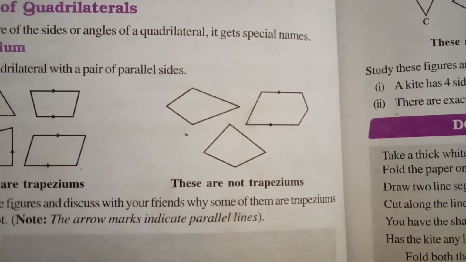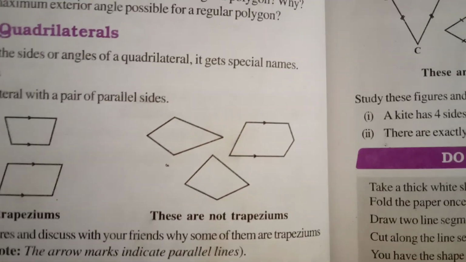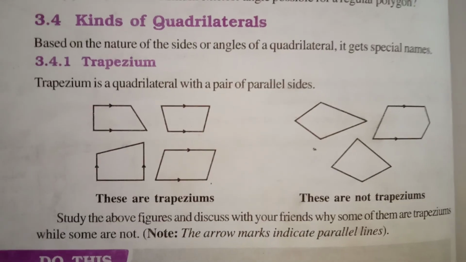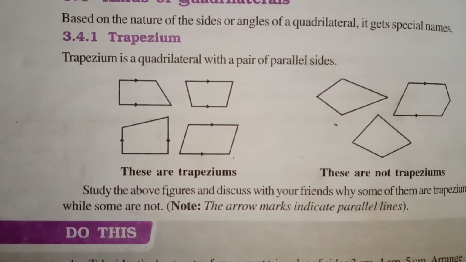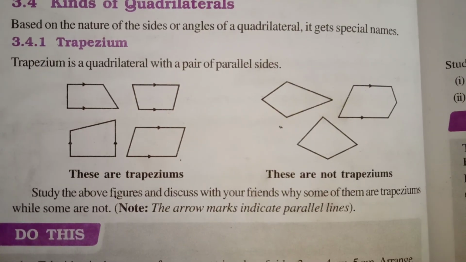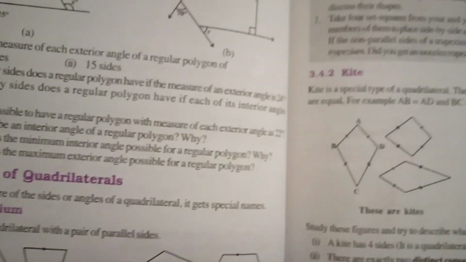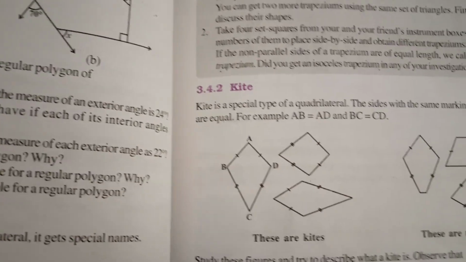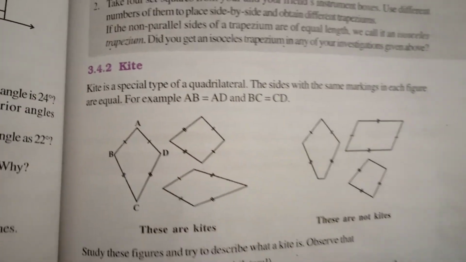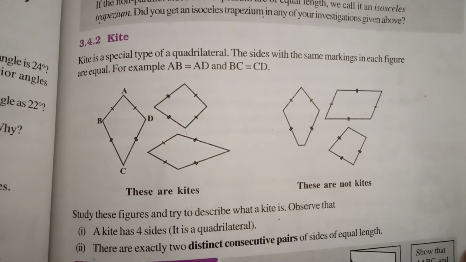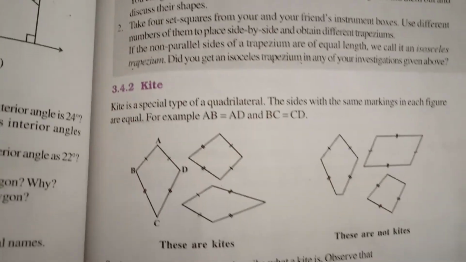The arrow marks show the parallel lines. Now look at the kite. These are kites and these are not kites.